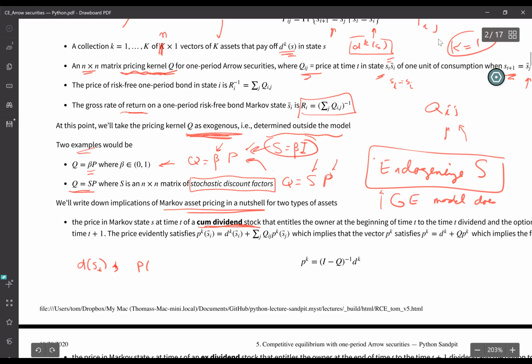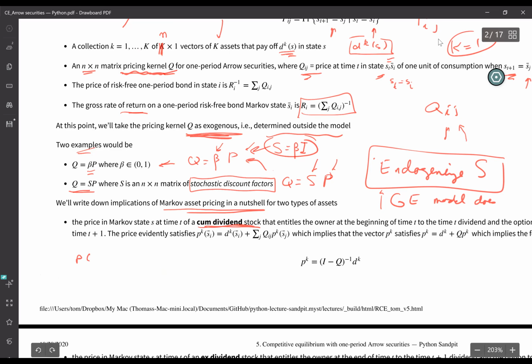We're going to guess that the price of the asset tomorrow is a random variable that's a function of the Markov state. Here goes.